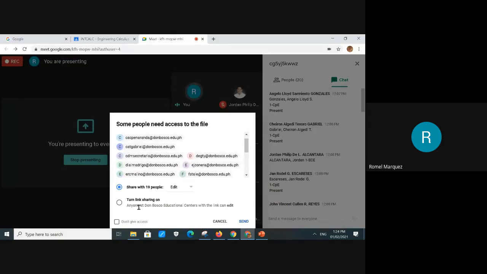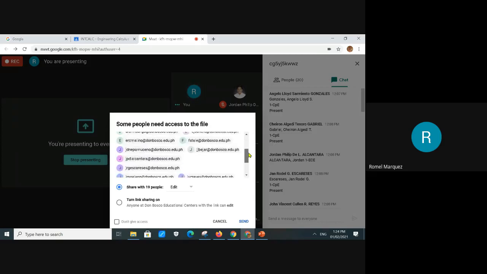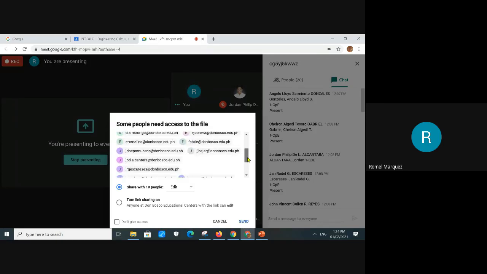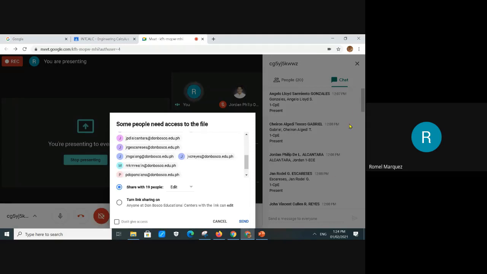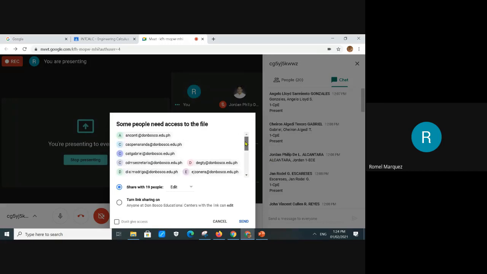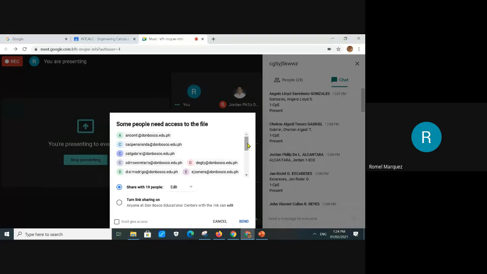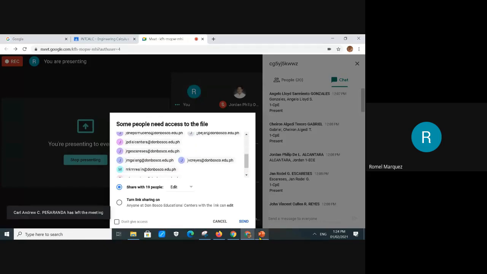Turn link sharing on to anyone at Don Bosco with a link can edit. Give the access. Paano ko mabibigay yung access nito? Sino gusto magsagot para isa-send ko yung whiteboard? Guys, magtatawag na lang ako. Sino mag-volunteer na lang? Conti, gusto mag-volunteer? Ayaw nyo.